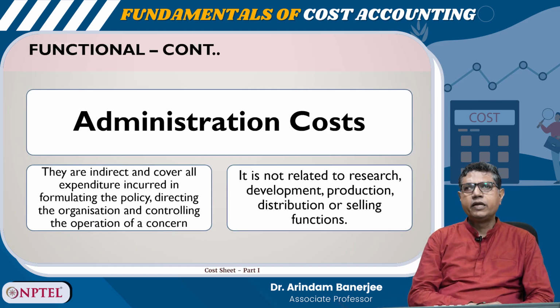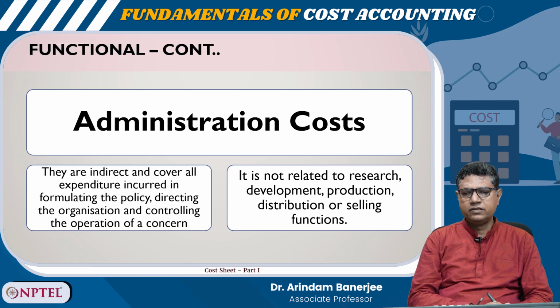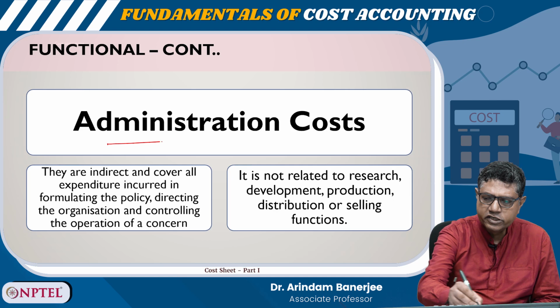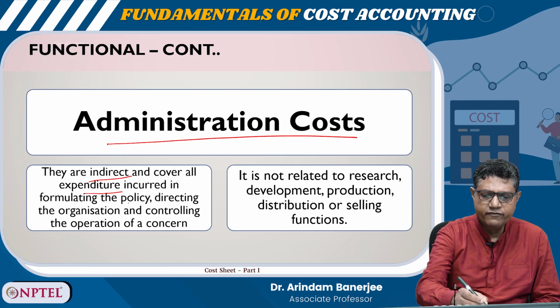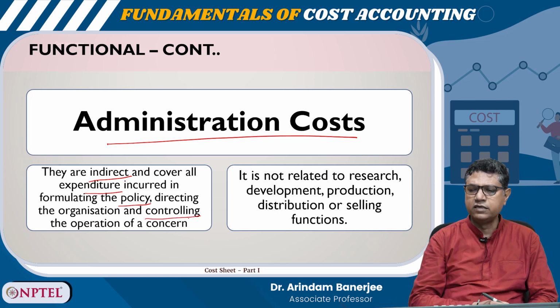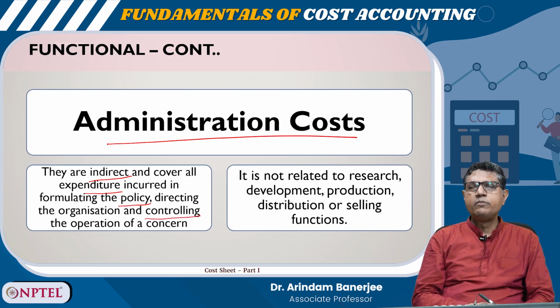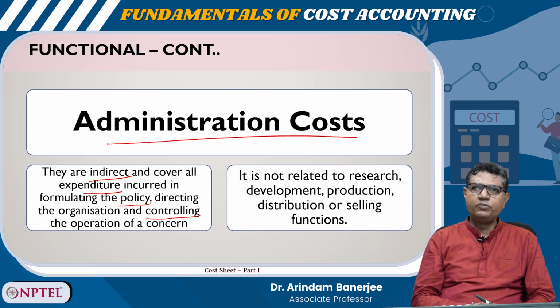Then the next function is the administration. So they are indirect administration costs. They are indirect and cover all expenditure incurred in formulating the policy, directing the organization and controlling the operation of a concern. So for administration cost, every company usually has a finance and accounts division.